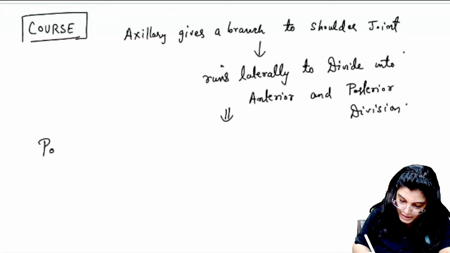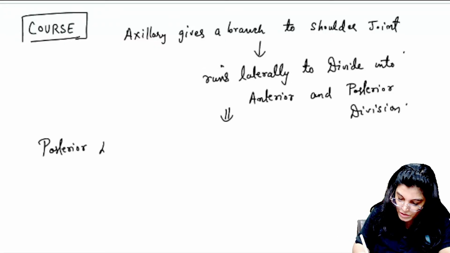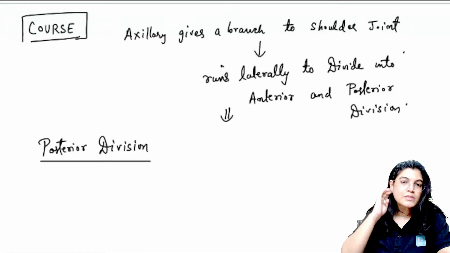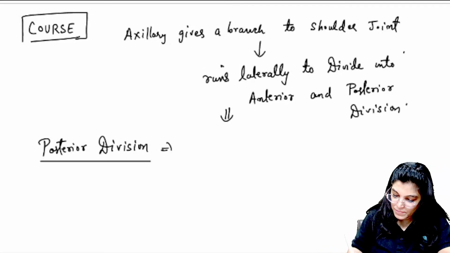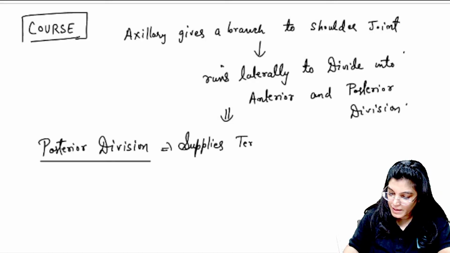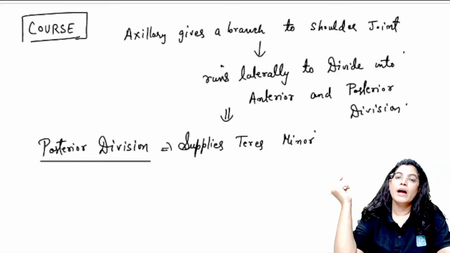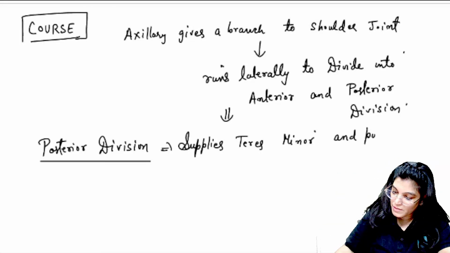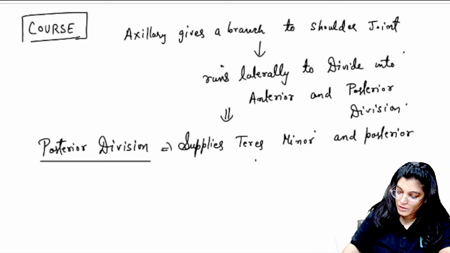If I talk about the posterior division or posterior branch of the axillary nerve, the posterior branch supplies the teres minor muscle and also the posterior part of the deltoid muscle.